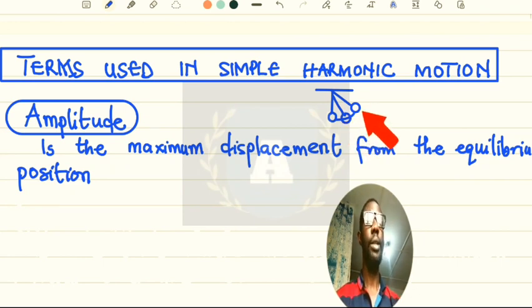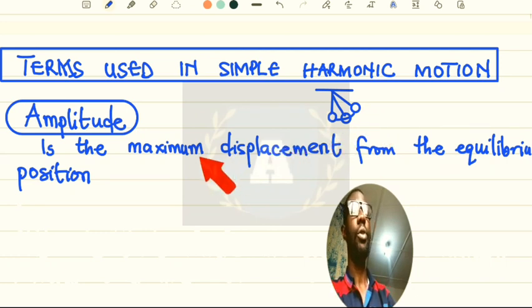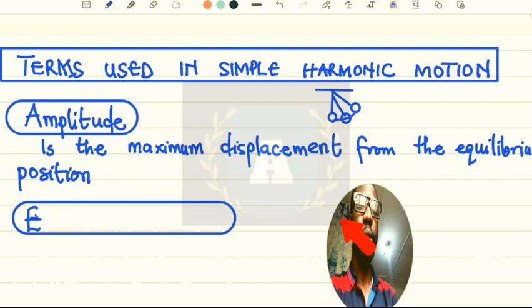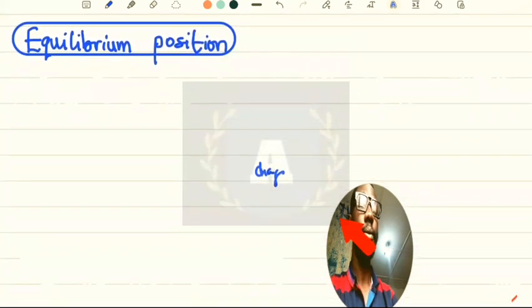So that is the first terminology. We have amplitude, which is also known as the maximum displacement. Now we have the second terminology, which is equilibrium position. So how do we define that?